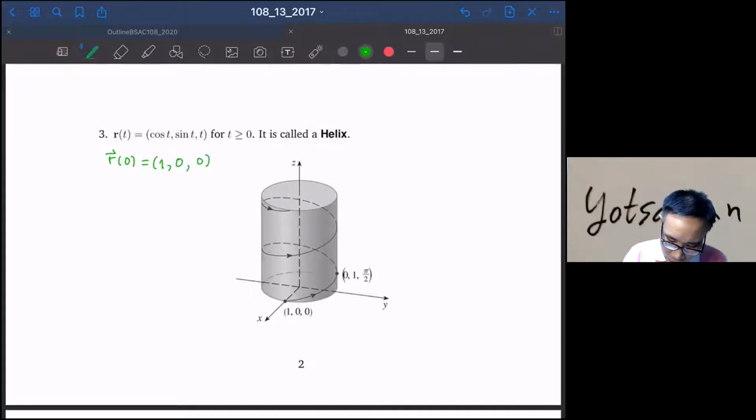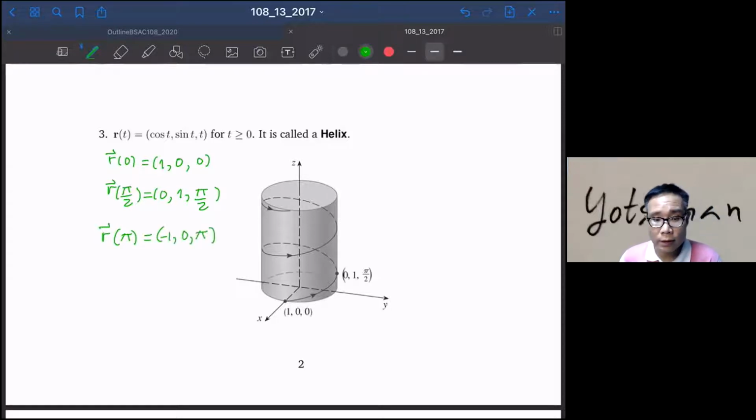At pi over 2, it becomes 0, 1, and pi over 2. At pi, it becomes negative 1, 0, and pi.